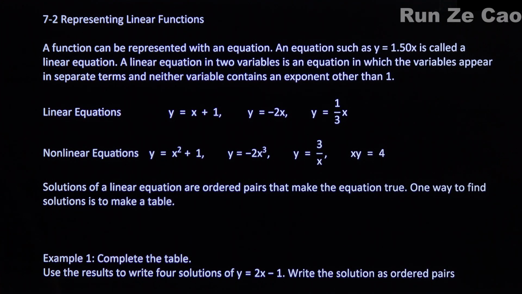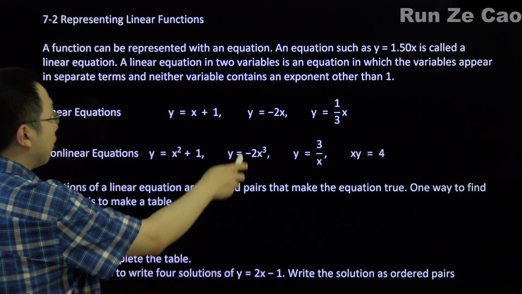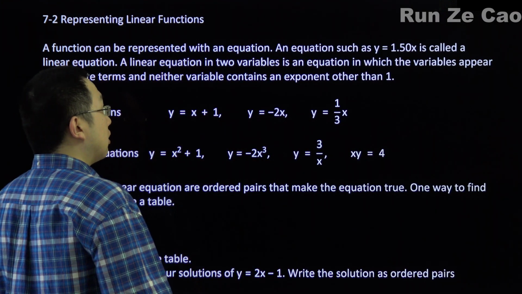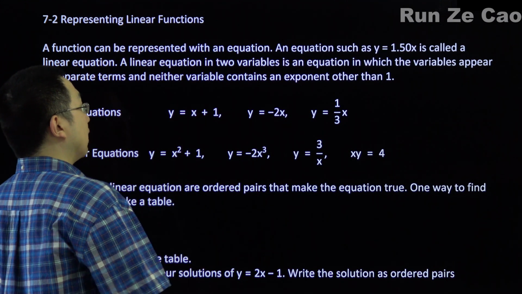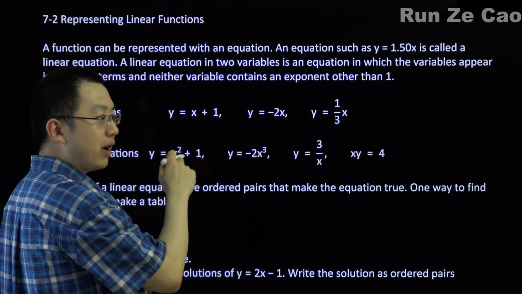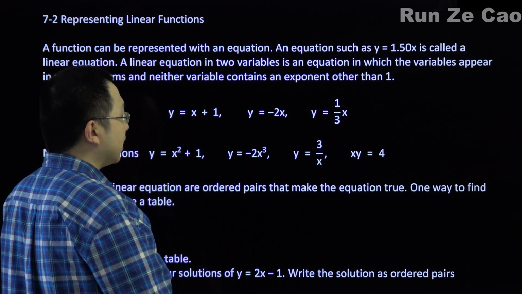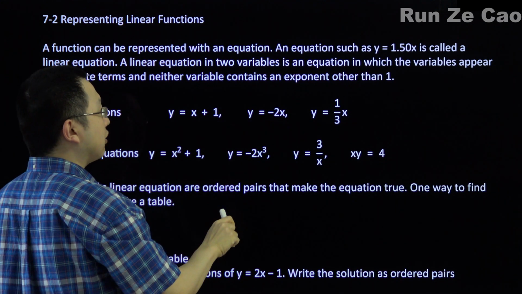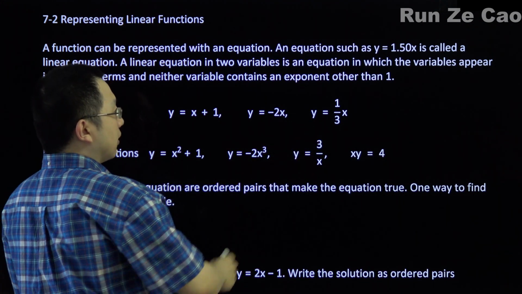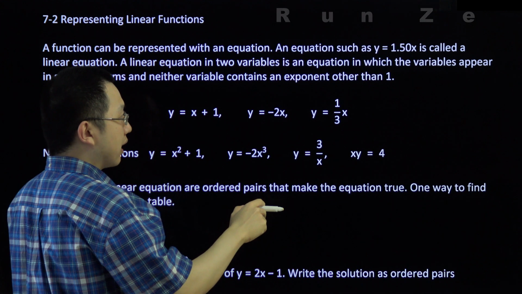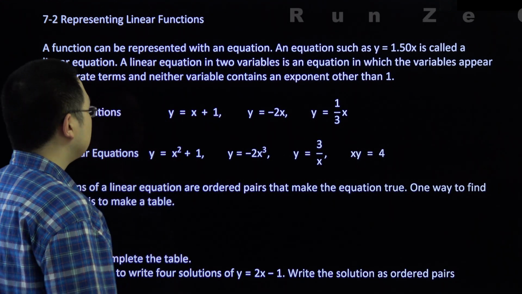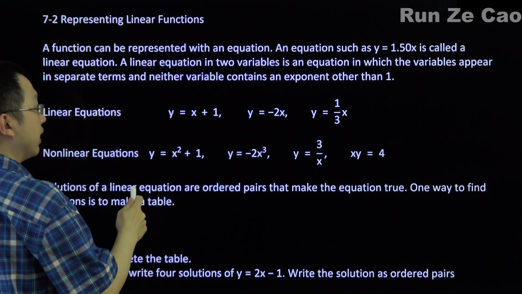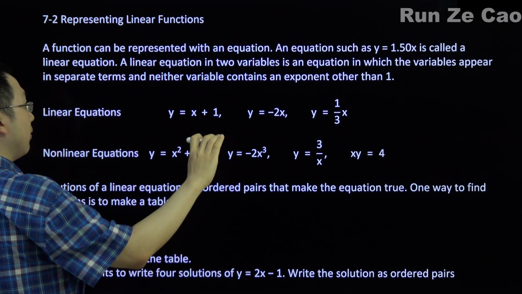And x to the first power multiplied by some coefficient will also give you a straight line, with the coefficient dictating for every one increase in x, how much y changes. -2 means for every one increase in x, y goes down by 2. Y equals 1/3 x, for every increase in x, y goes up by 1/3. Y equals x plus 1, well, for every one increase in x, y goes up by 1.